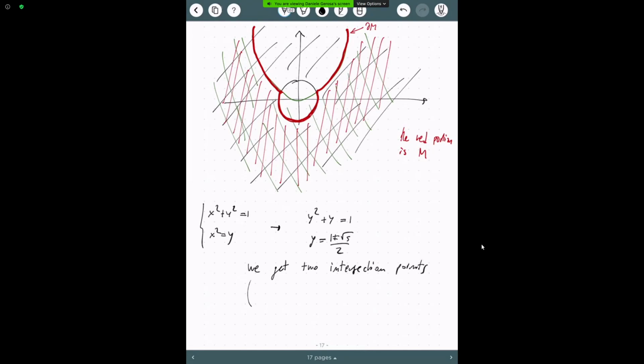Of coordinates, the square root of... why is there a minus? Okay, wait a second.